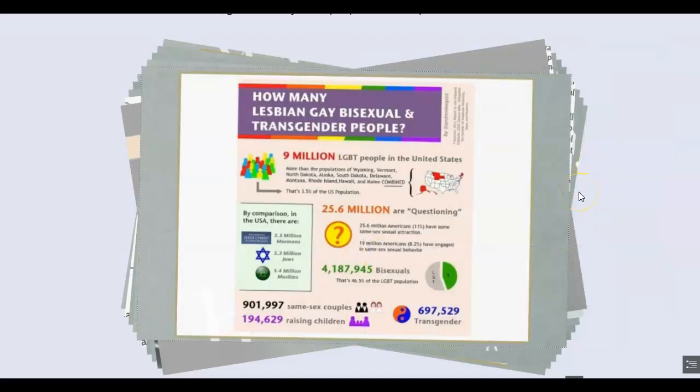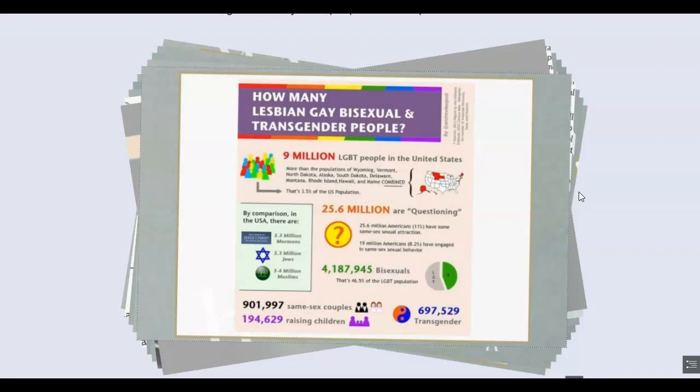All right. So how many lesbian, gay, bisexual, and transgender people? 9 million LGBT people are in the United States, more than the population of Wyoming, Vermont, North Dakota, Alaska, South Dakota, Delaware, Montana, Rhode Island, Hawaii, and Maine combined.